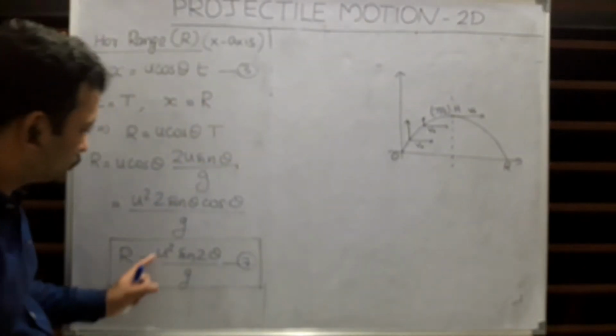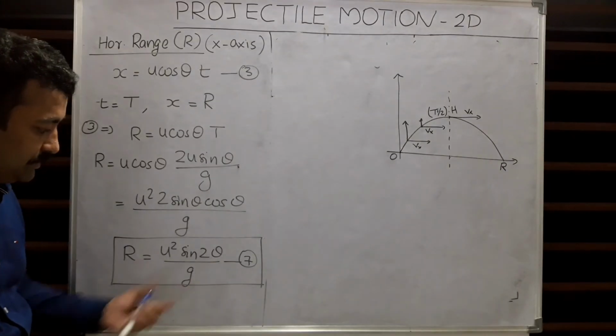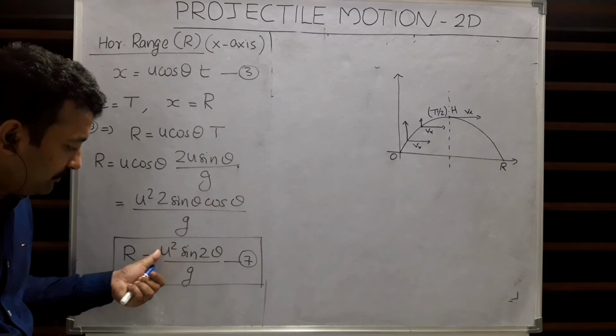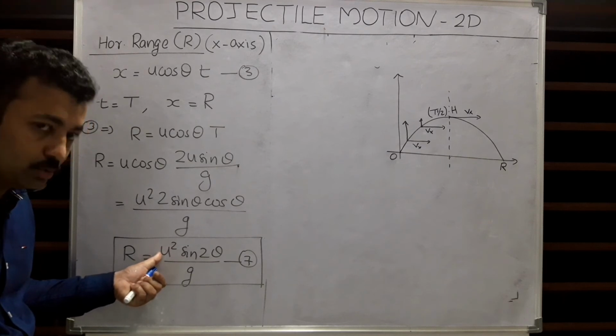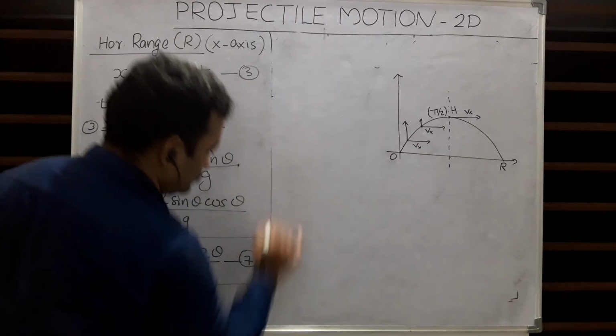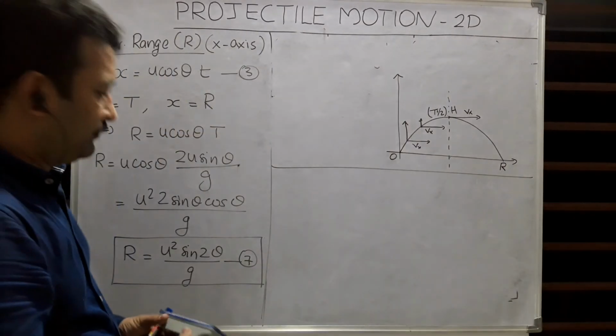As we have got u square sin 2 theta divided by g, for a given value of u, suppose u is constant, that means a particular projectile or a given projectile.